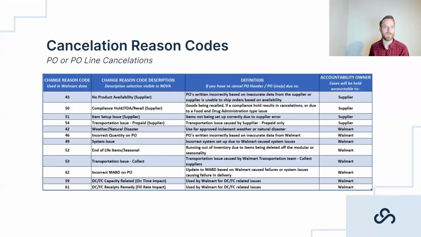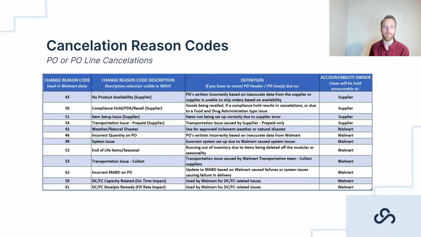I'll go ahead and skip to the next slide, and you can see this list here. On the left side, you see the list of reason codes that you would be picking. There's a short description in this table of what that reason code means. And lastly, the important column, the one on the far right, is who owns the accountability for that reason code.